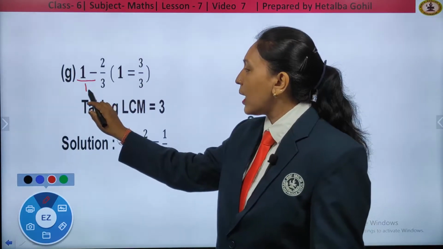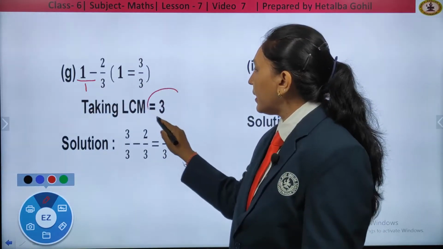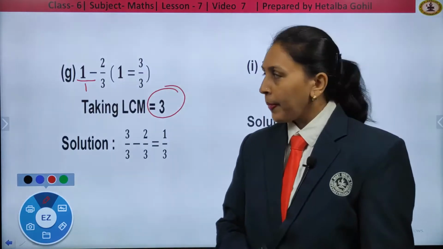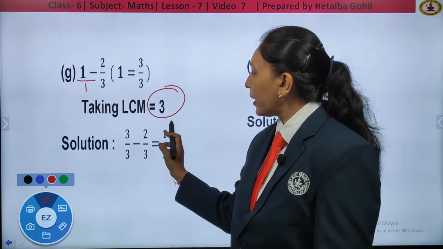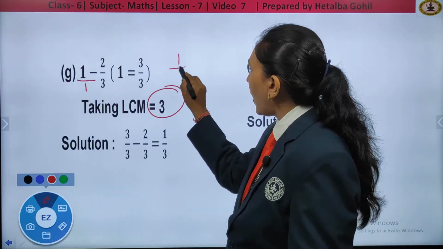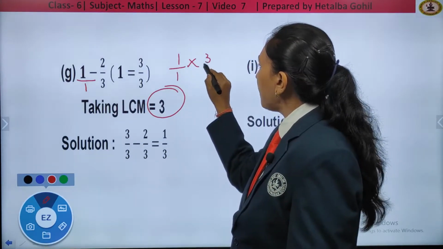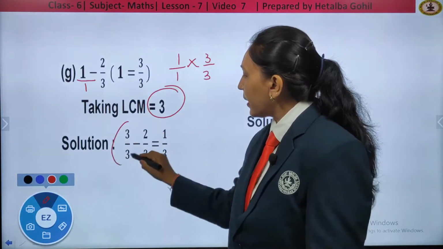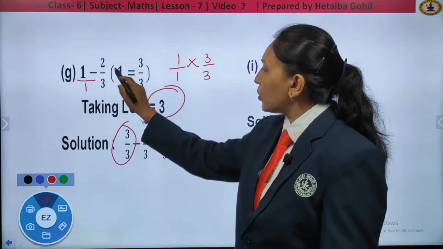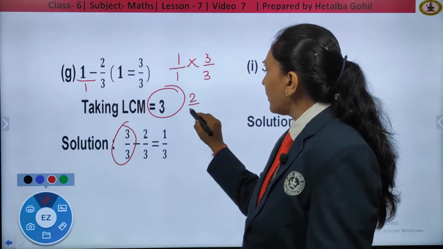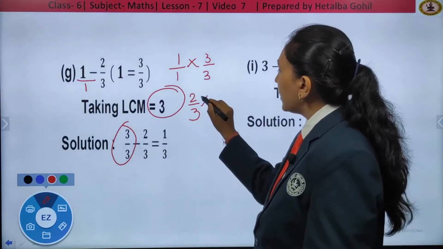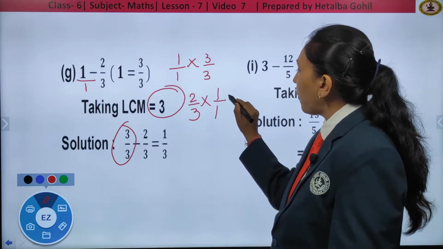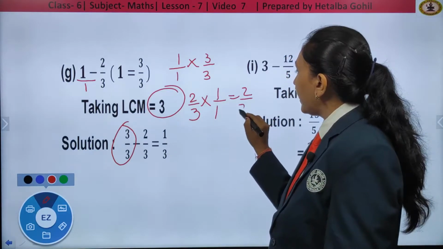If I take the LCM of 1 and 3, I will get its LCM as 3. Now change into equivalent fraction here with the denominator 3. So 1 upon 1 into 3 by 3, you will get 3 upon 3 minus 2 by 3. 2 by 3, already the denominator is 3, children. I do not need to change further. So only I will multiply 1 upon 1. So I get 2 by 3.